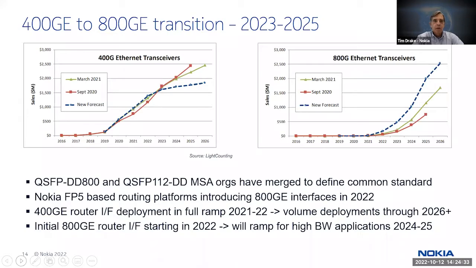Now, we're kind of thinking, oh, you're talking 400 gig. Well, that's true. That's where we are today. But we need to start looking at tomorrow. Everybody likes the shiny new toy, and 400 gig currently is, but when we look at the 400 gig forecast from when we started looking at it in 2020, as we can see, the 800 gig is now ramping up to a significantly higher level.